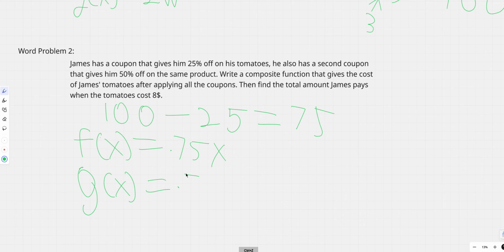So to write a composite function that gives the cost of James's tomatoes after applying all the coupons, you can write it like this.